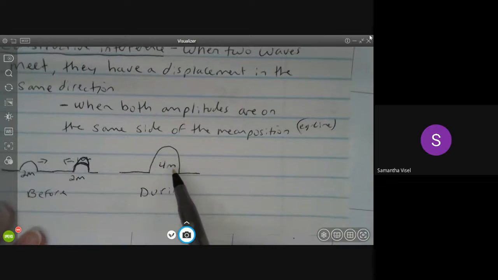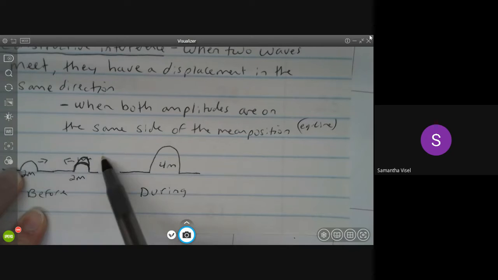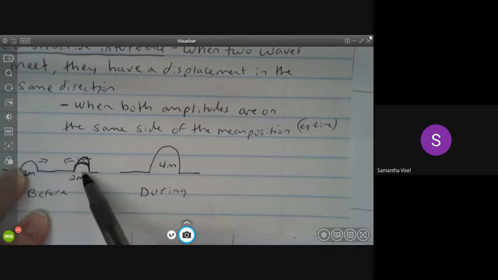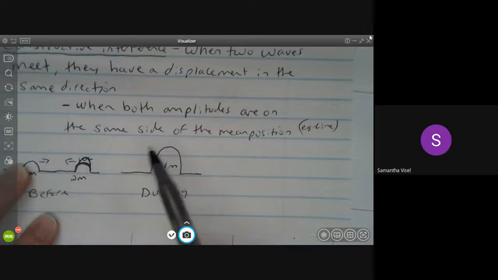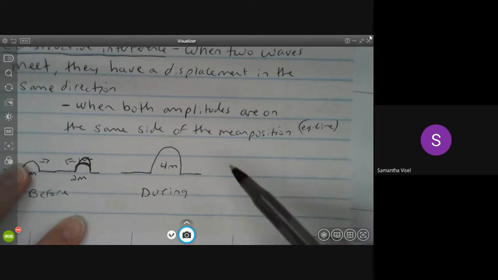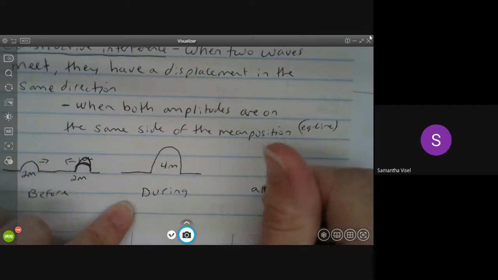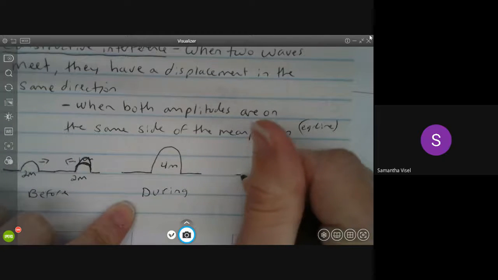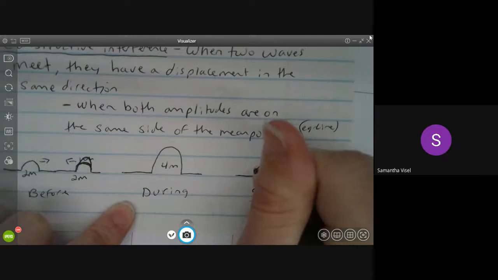Now this isn't the new wave, because from our earlier readings and work with waves, we know that waves carry energy. So this is energy traveling through the wave, but they don't actually physically change or alter or move matter. So they're going to meet up for a split second, but then afterwards, they're going to continue on their merry way.